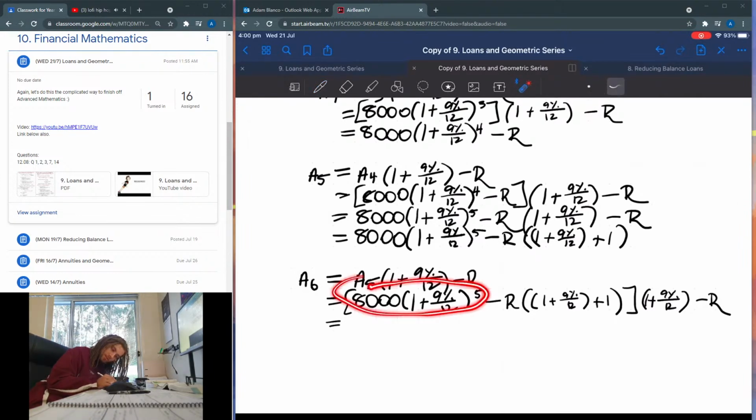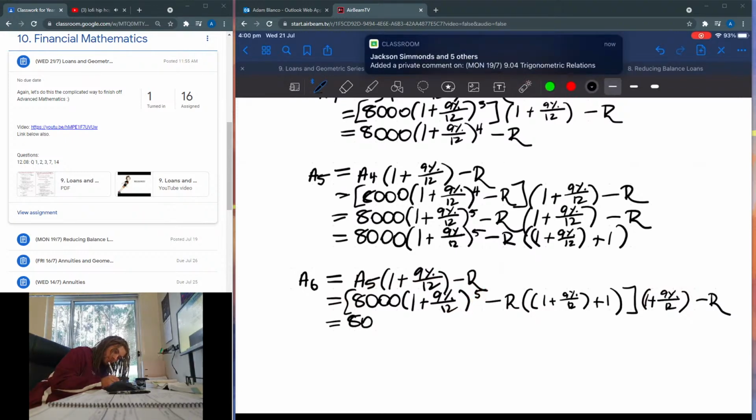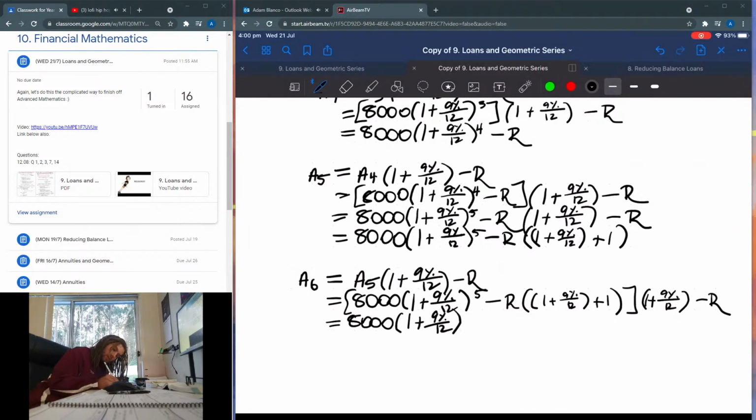It's this times by this, which all that's going to do is make this a 6. So that was that times that. Now I need this times this. What that's going to do is put a 2 here and a 1 there.